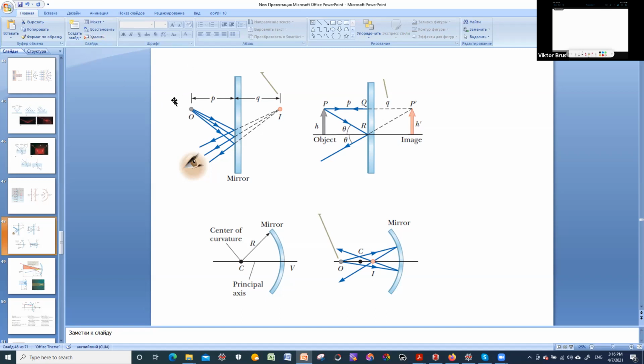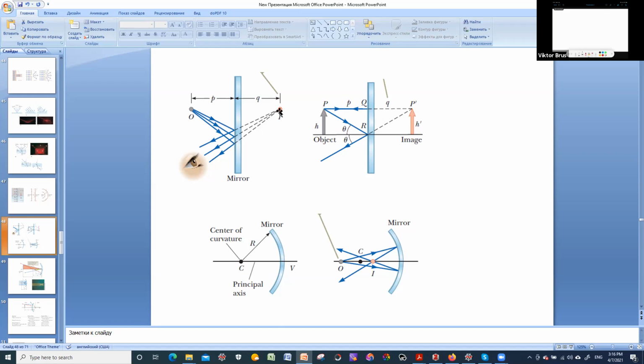So this is exactly what we have here. We see that light rays do not pass through the image point, but they appear like they diverge from this point. So of course we don't have light rays here behind the mirror because the mirror reflects all light rays. However, for the observer, it appears like these rays diverge from this point.